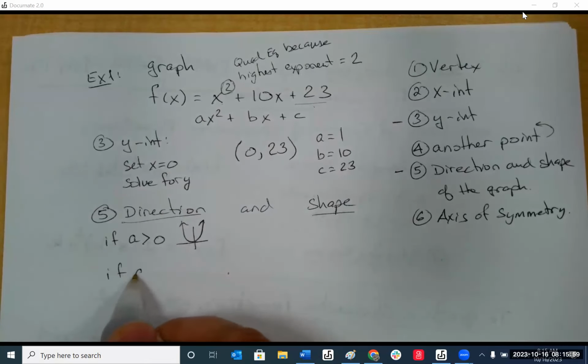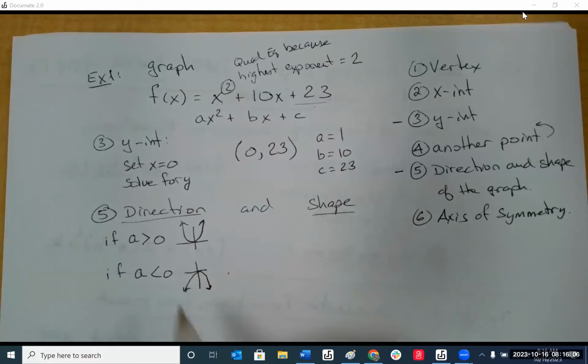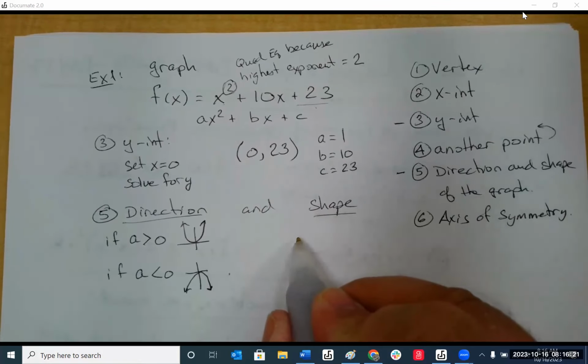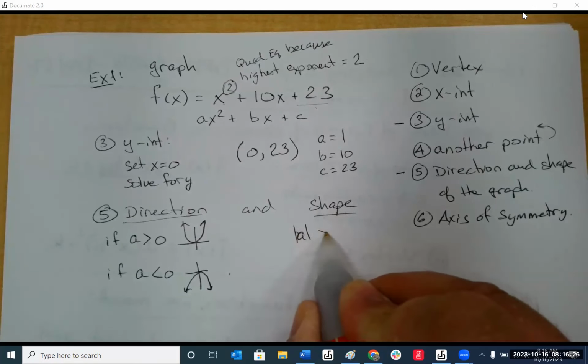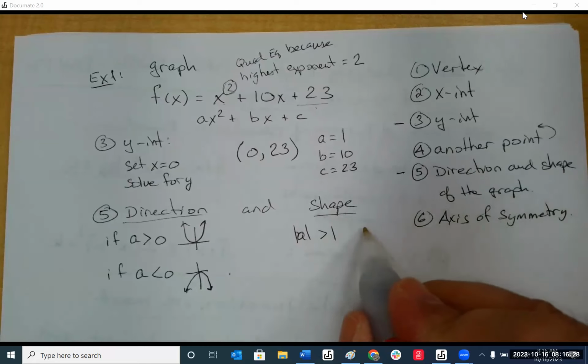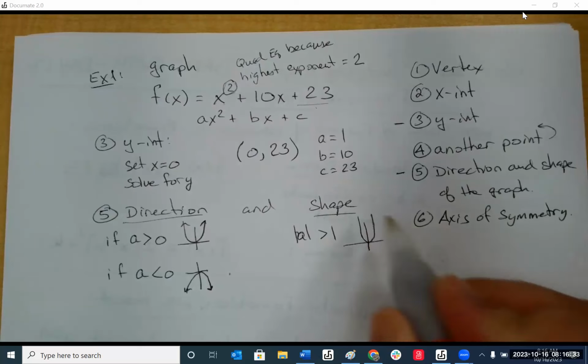If our leading coefficient is negative, the graph opens down. Again, we learned that at the end of chapter 2, when we did transformations. For the shape, if the absolute value of a is bigger than 1, the graph is vertically stretched.